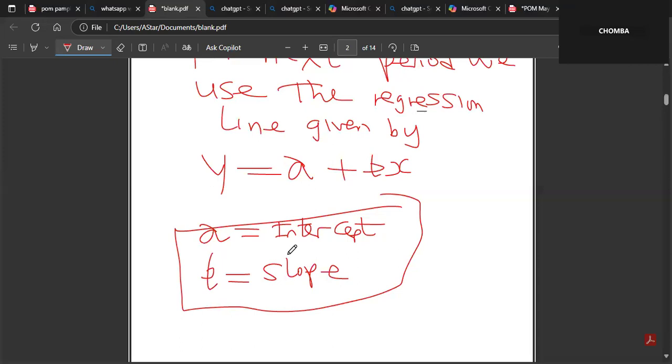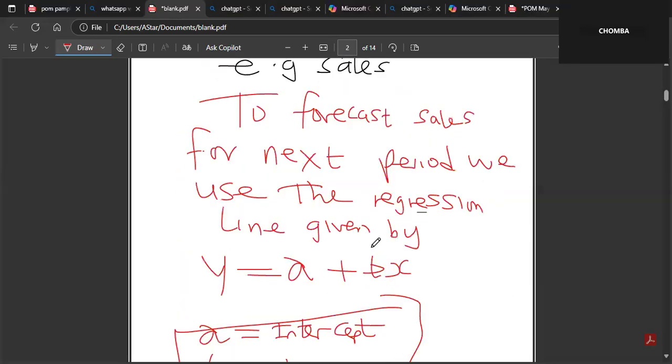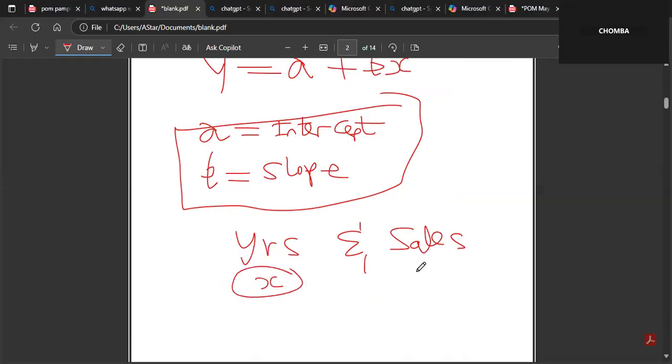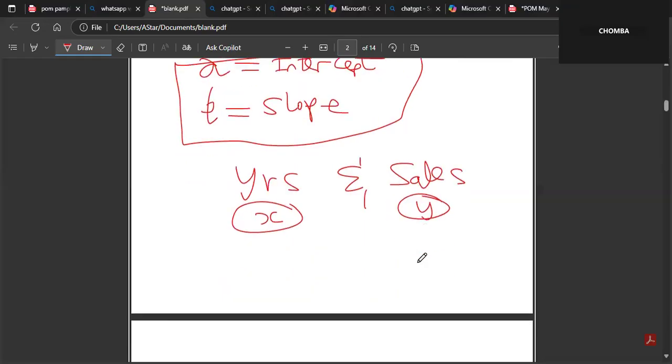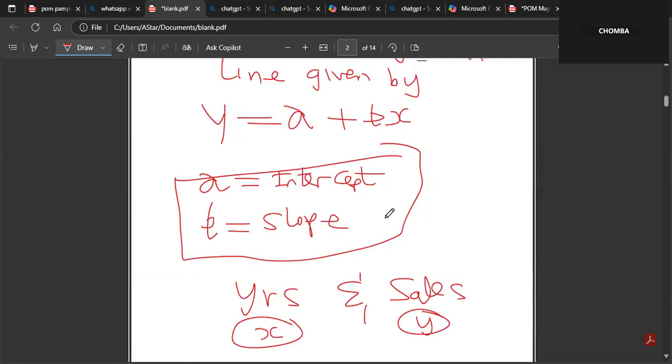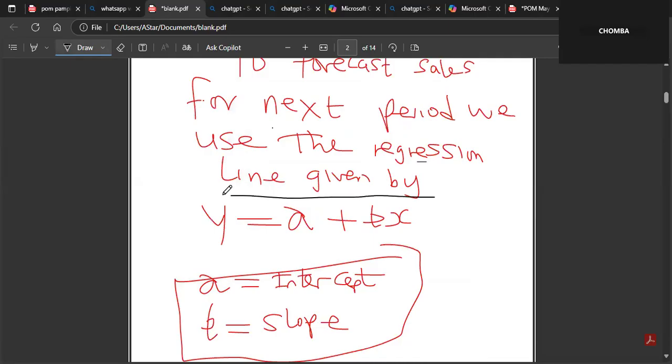This topic comes in the exam and it's very straightforward. You just need to identify which one is X and which one is Y. So if they have given you the years and the sales, then the years would be X and the sales would be our Y. Under this, the regression equation is given as I'm giving you here.